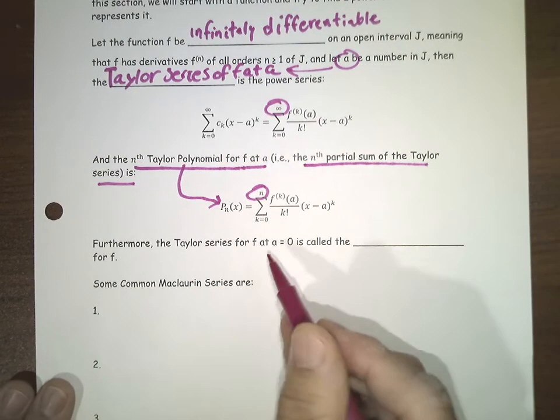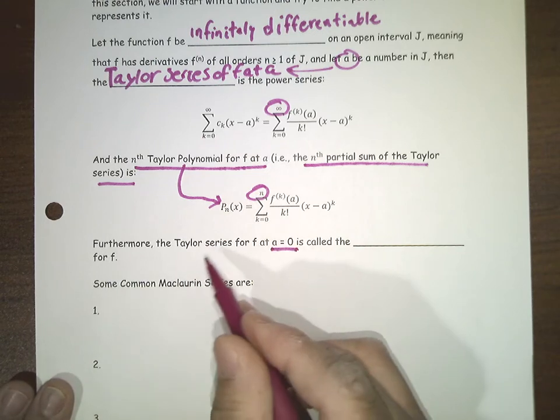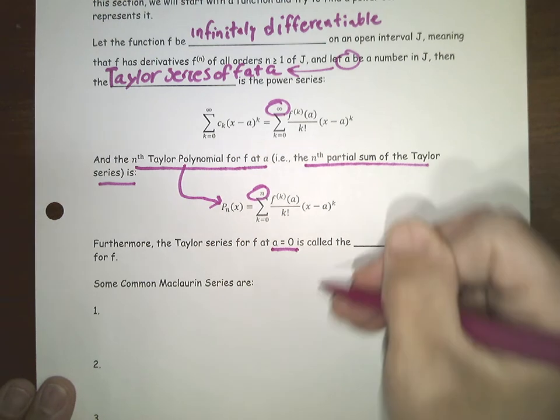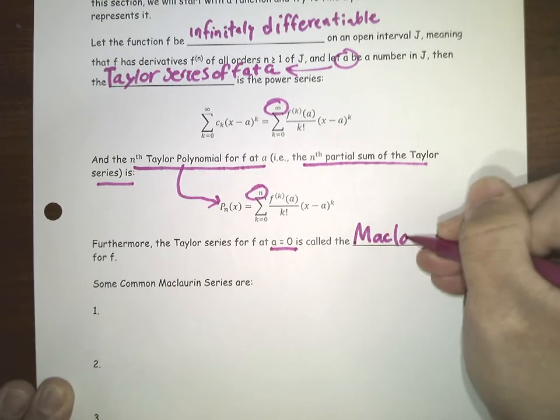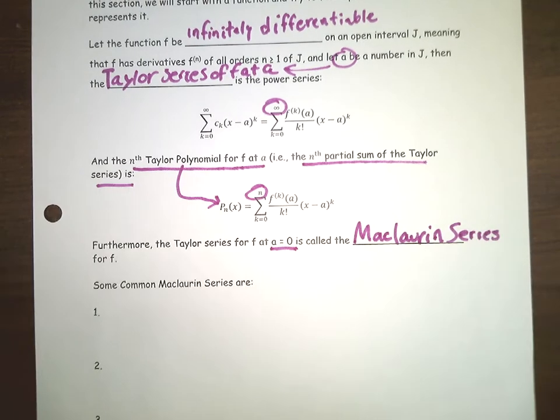And if a is equal to 0, then the Taylor series for f at 0 is actually called the Maclaurin series.